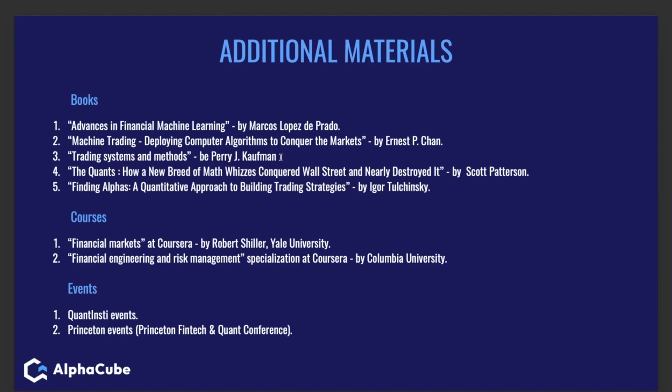Also, one great course by Columbia University, Financial Engineering and Risk Management. This course is great. From my point of view, this university explains that the market is efficient, and MIT also explains that the market is efficient. But Robert Shiller, for example, says that the market is actually not efficient, because he works with some hedge funds and he knows that the market is not efficient.